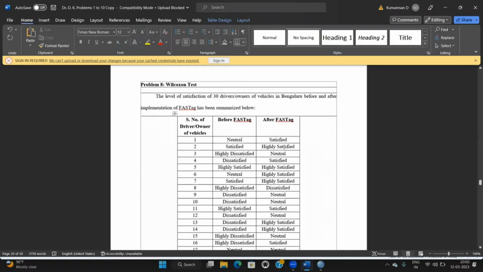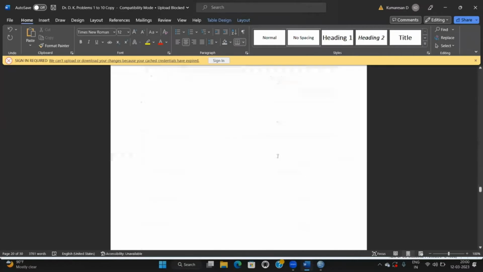Suppose for this driver, the satisfaction before FASTag was neutral. So what is the value to be assigned? 3. Then after implementation of FASTag, he is satisfied. So the score is 4.